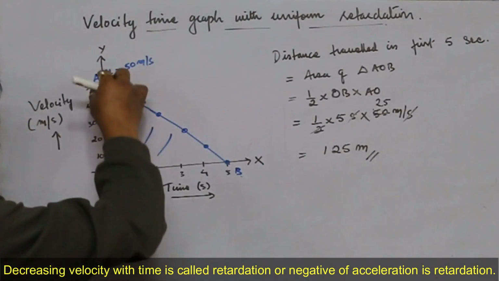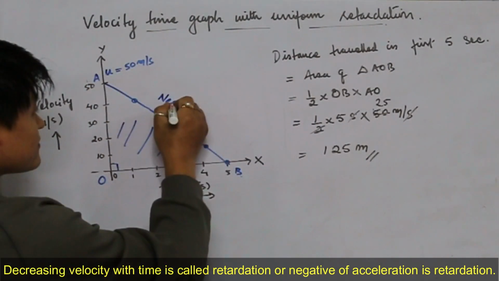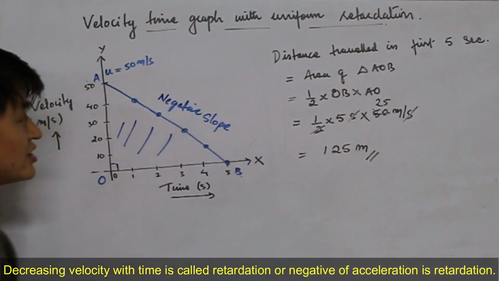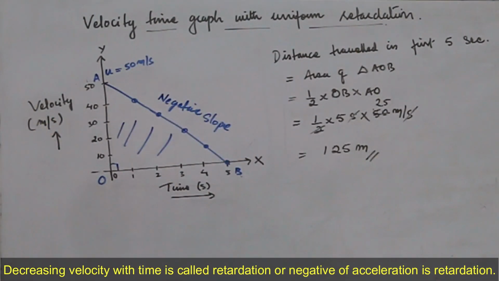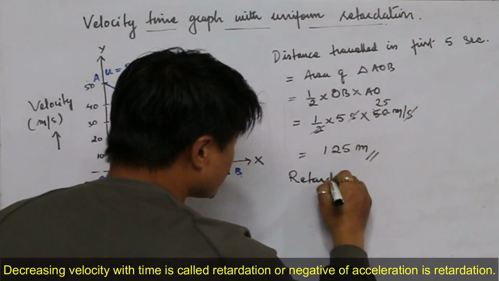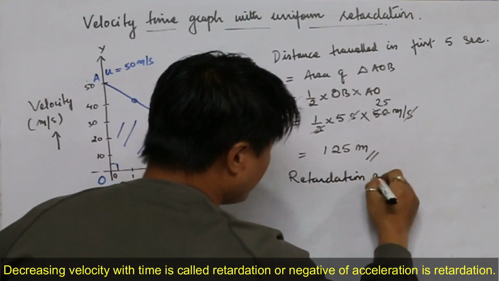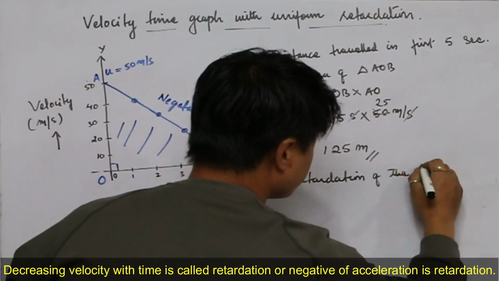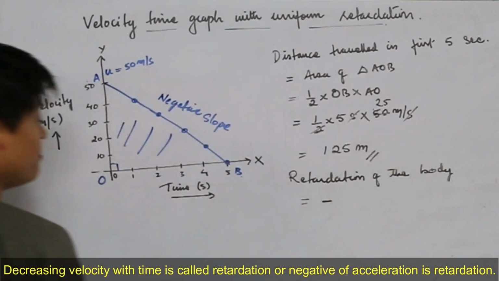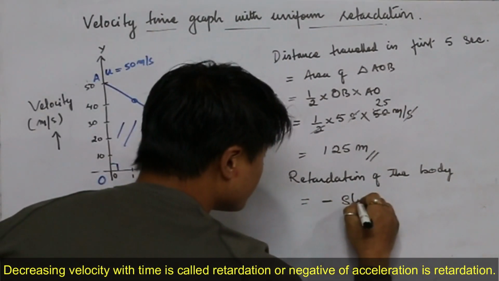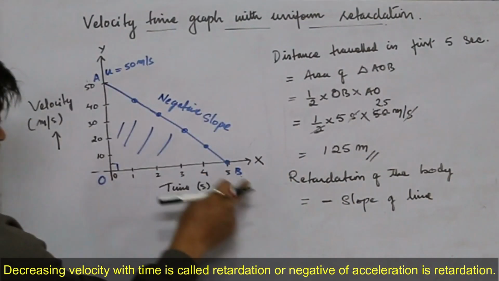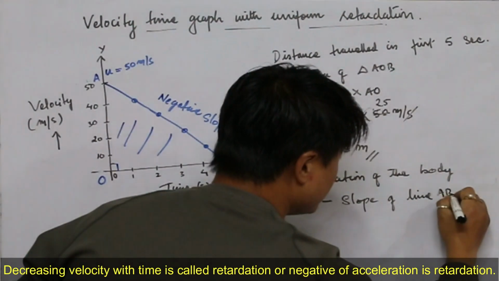When the body is moving towards the starting point, the graph will represent negative slope or negative velocity. Retardation of the body is equal to negative slope, minus slope of line AB.